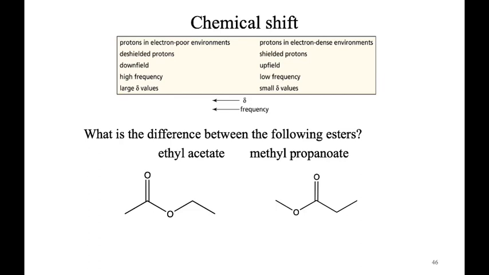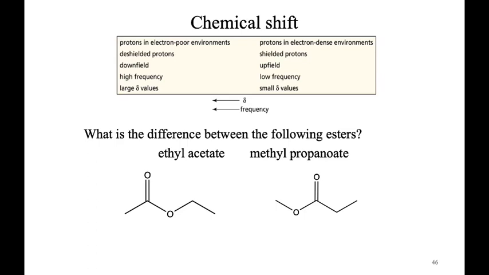There is one exception to that I want to throw on right here. How many different hydrogens do we see for the first structure? 3. 1, 2, 3. Yes? How many different hydrogens do we see for the next structure? Still 3. 1, 2, 3.